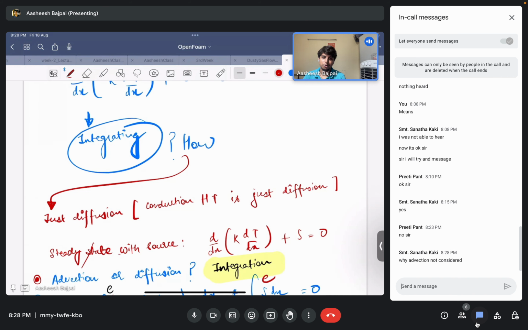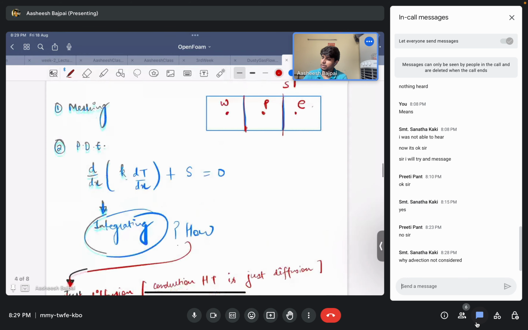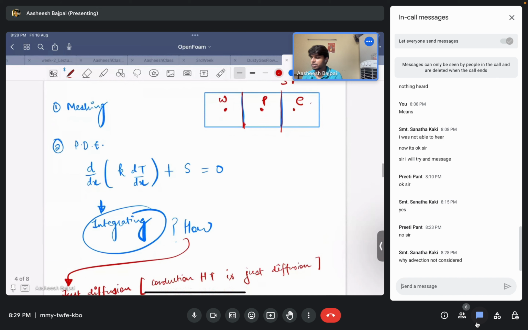Why no advection? There is no advection term here. You see here in the conduction, air is not moving. If you solve any air conduction problem, there is no movement of air, no movement of fluid.